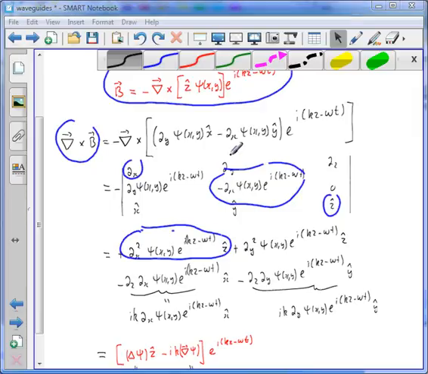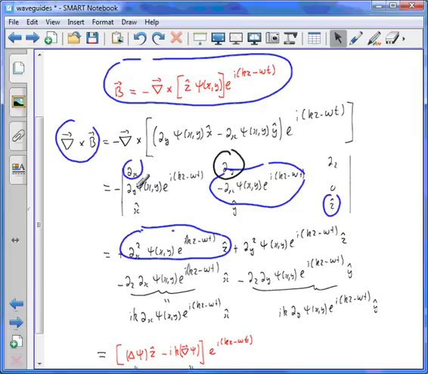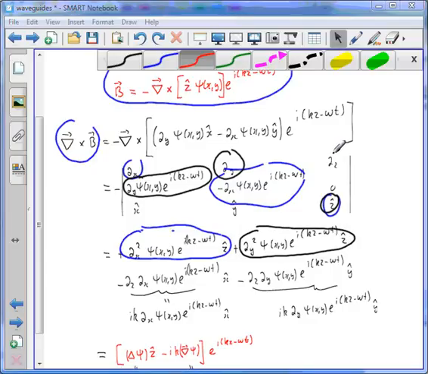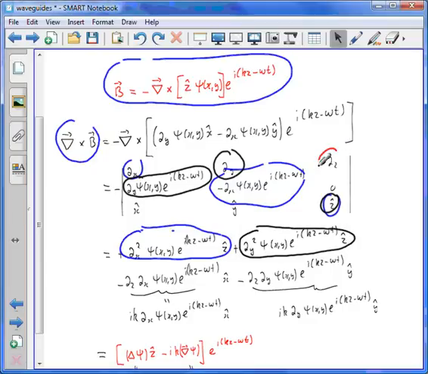The second term in z is going to involve the derivative in y of psi exponential of ikz minus omega t, times z, and so this is simply this term over here. Another term is going to be the derivative in z multiplied by the derivative in x of psi exponential of ikz minus omega t times the unit vector x, and this is the term down here.